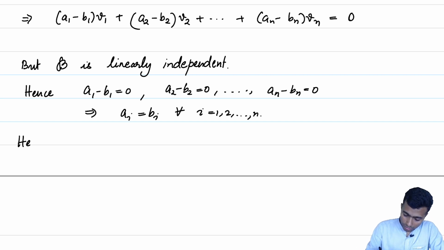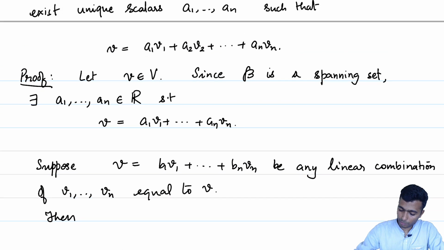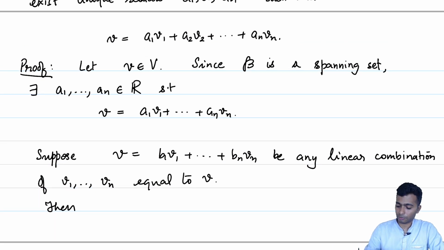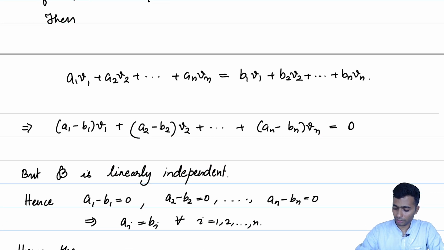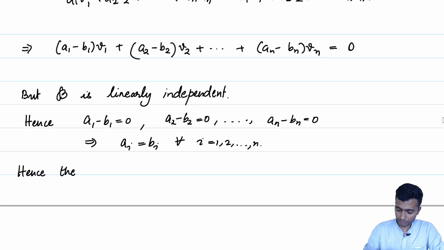Therefore, there is a unique linear combination of V in terms of V1, V2 up to Vn, because if you take any other linear combination equal to V, we have shown that it is forced to be the same as the above.